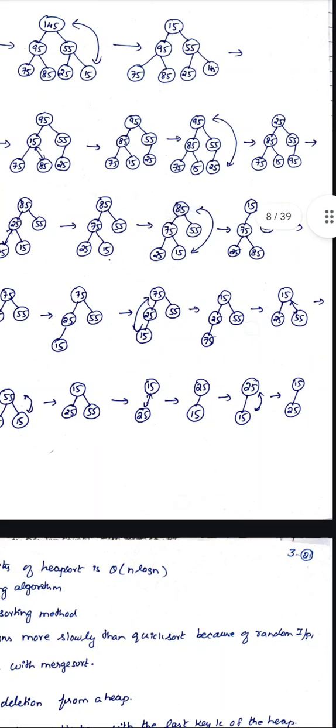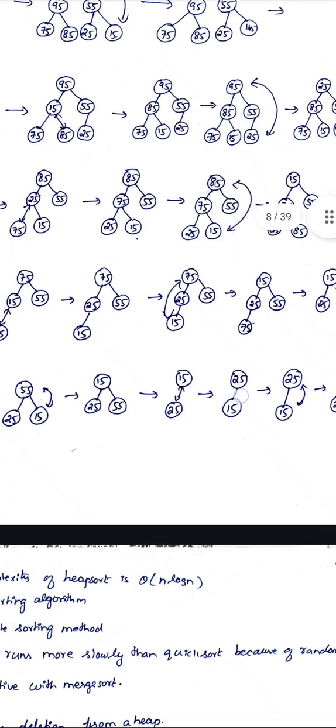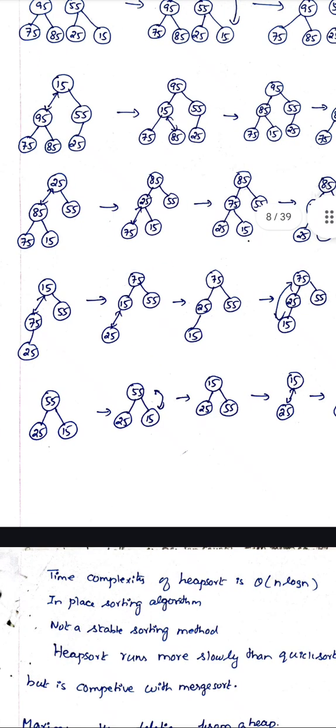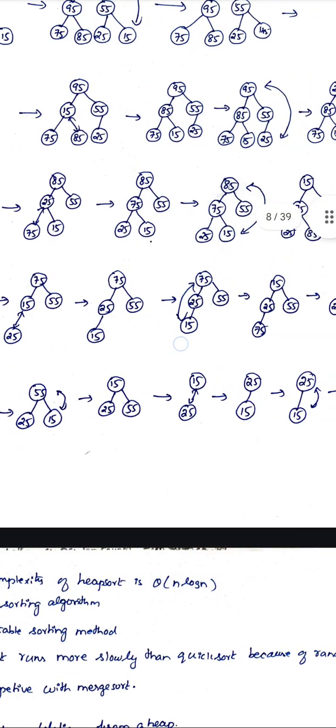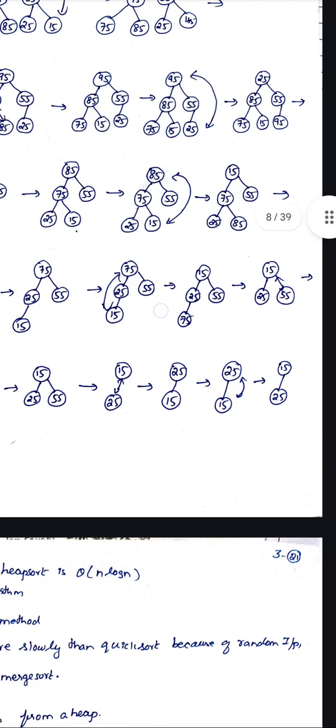Then again 95 and the bottommost, rightmost node is 25, that is swapped with the larger value. Then that is removed, and 25 is compared with the larger value, that is 85, then that is swapped. Then 25 and 75 are compared and swapped. Then the last node is 15, and 85 is compared and swapped.